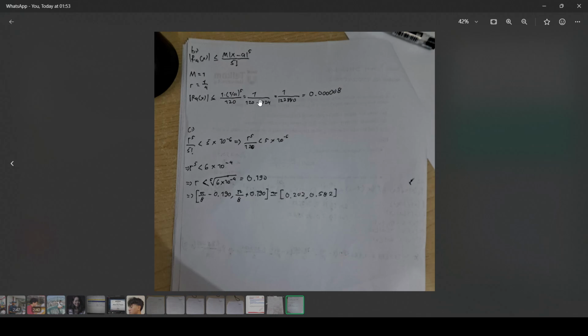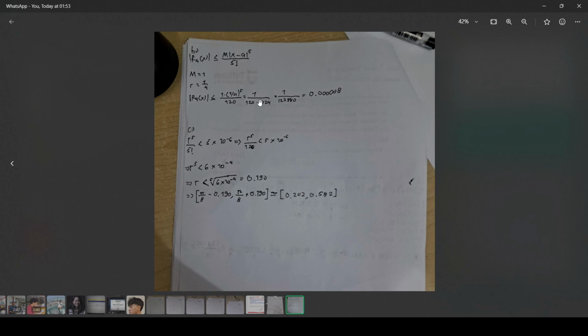So here we know that r to the power of 5 over 5 factorial is less than 5 times 10 to the power of negative 6, which changes to r to the power of 5 over 120 is less than 5 times 10 to the power of minus 6.